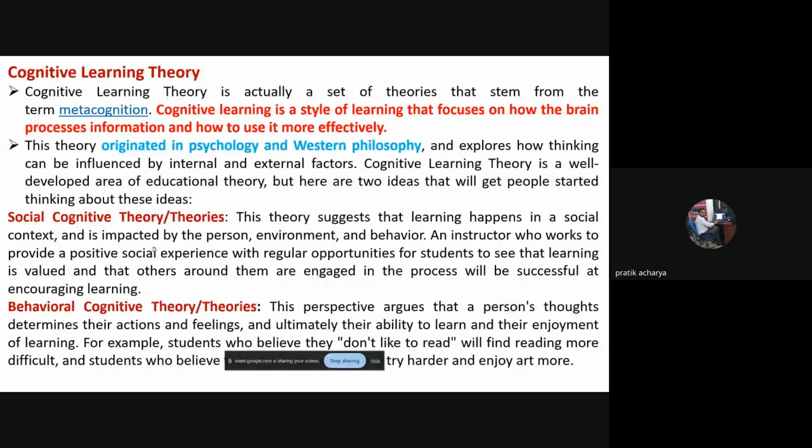If from the beginning you think that I cannot do it, then it is very difficult for you to complete the action. That kind of behavior is the behavioral cognition. So these are two types of social cognition. One is society impact, another is behavioral cognition, your behavioral impact. So these are two important theories you have to mention in cognitive learning.